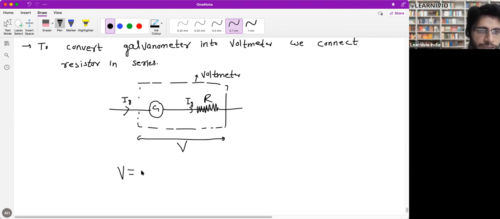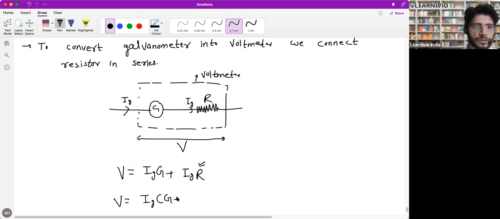We can write this V as V is equal to IG into G plus IG into R. Voltage drop across the galvanometer is Ig into G. The resistance is G. Voltage across the resistor is Ig into R. So Ig into G plus Ig into R. You're supposed to calculate a relation between R and V. So what we can do is take Ig as common and we have G plus R only.